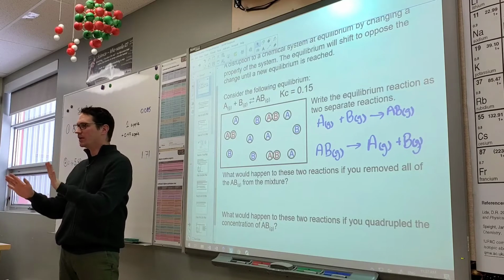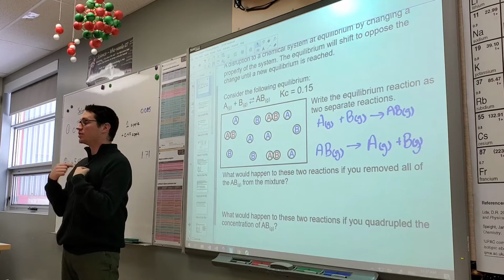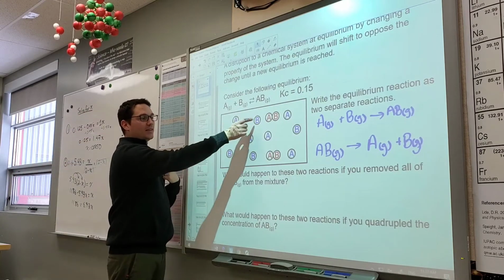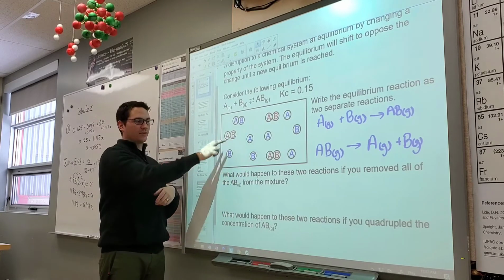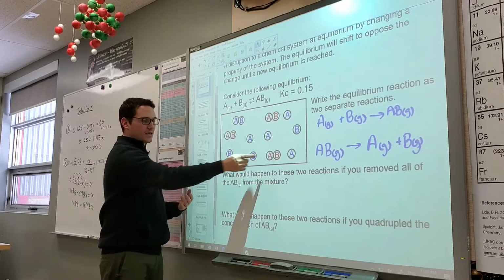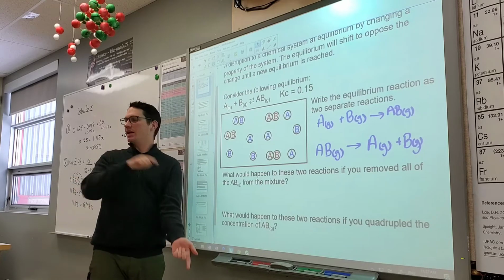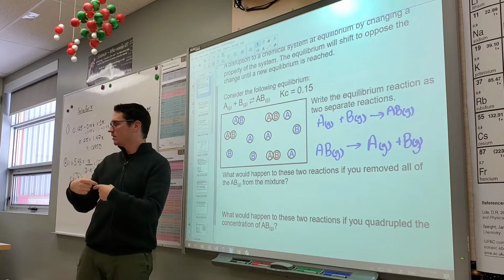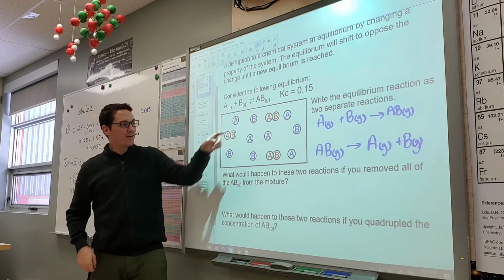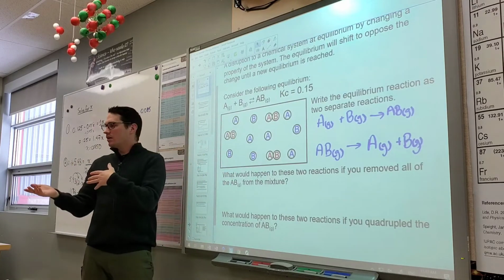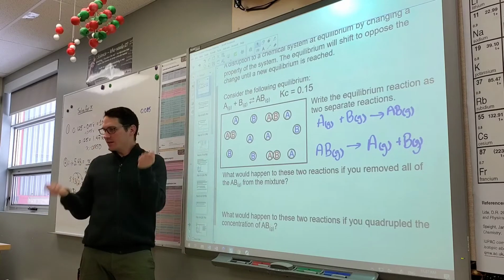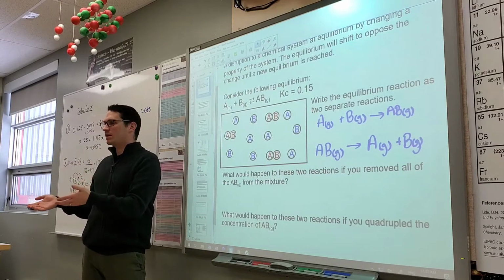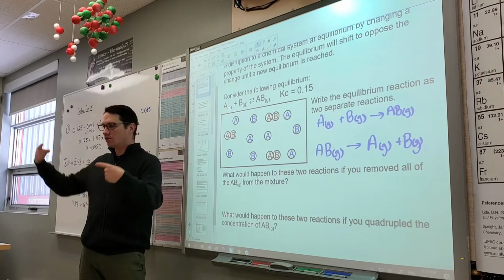Can you agree that it's very hard for me to draw that this A, this B, they're combining together to form AB, and this AB is splitting up to make A and B, right? And they're happening at the same rate. For every AB that we make, there's one AB that breaks up into A's and B's. Does that make sense? That's the definition of equilibrium, right?